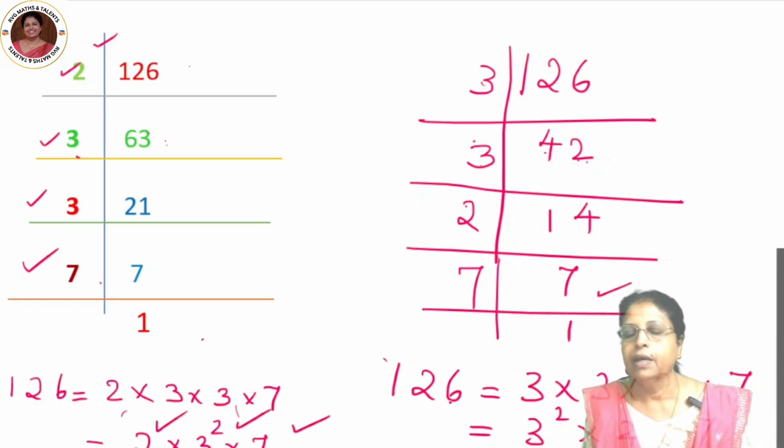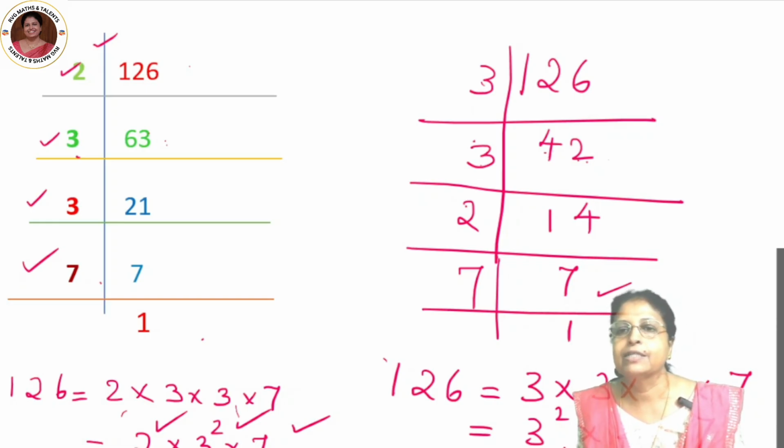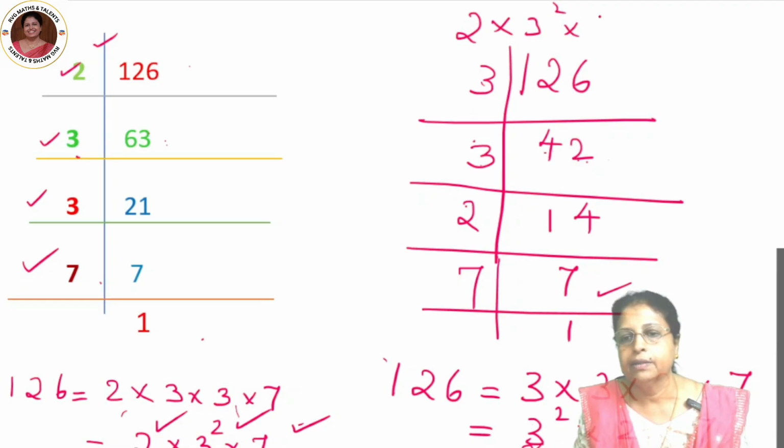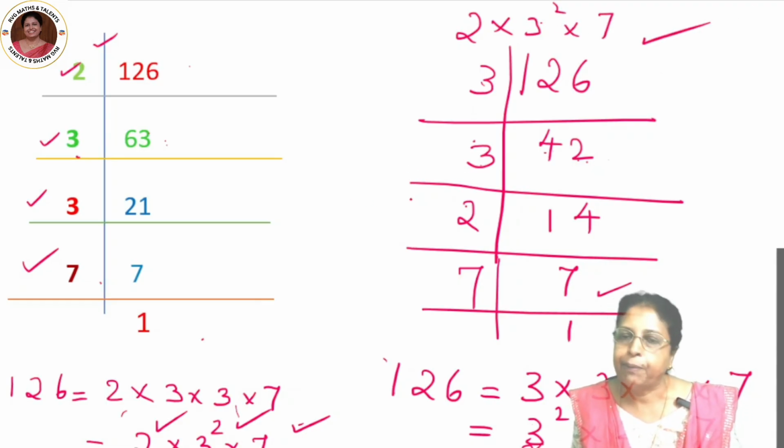The order is different, but you can say it is unique factorization. These prime numbers are the same. 3 square is here. So 126 is 2 times 3 square times 7. So you can say the prime factorization is unique.